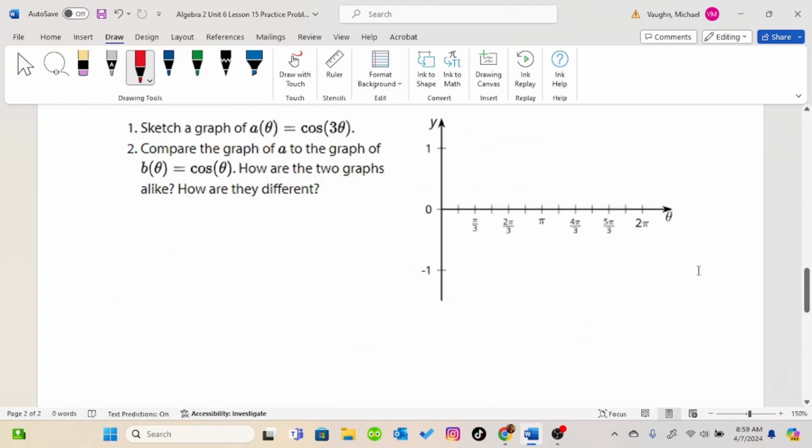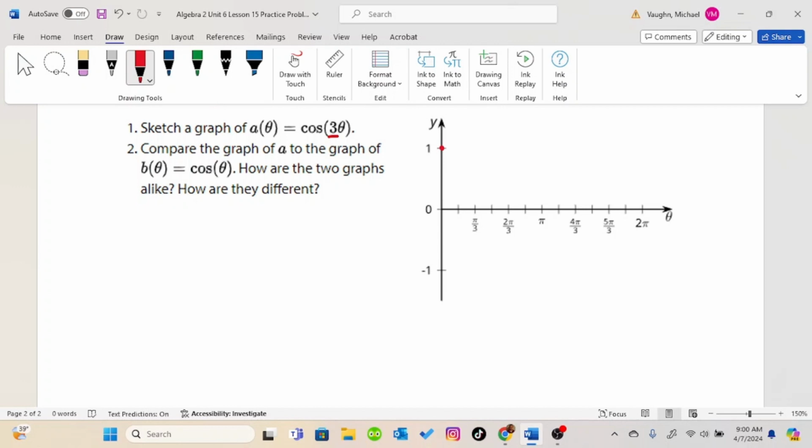Page 2. Sketch a graph of A of theta equals cosine of 3 theta. So remember, the number that I multiply theta by tells me how many full cycles I complete within 2 pi. So this is a cosine graph, and cosine graphs start at 1.